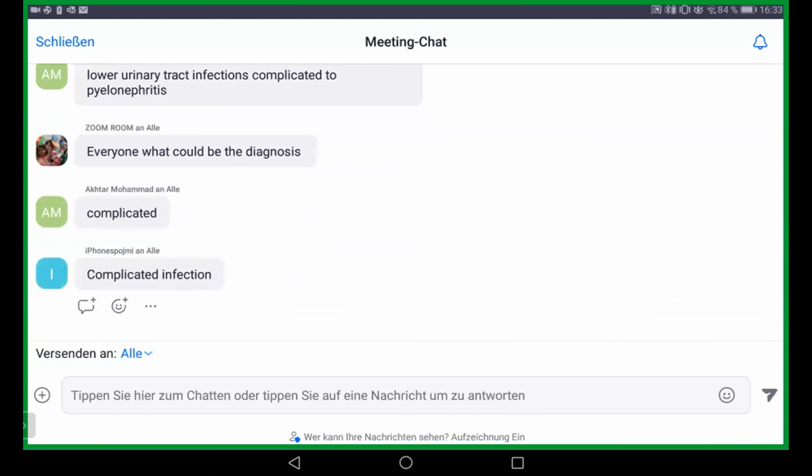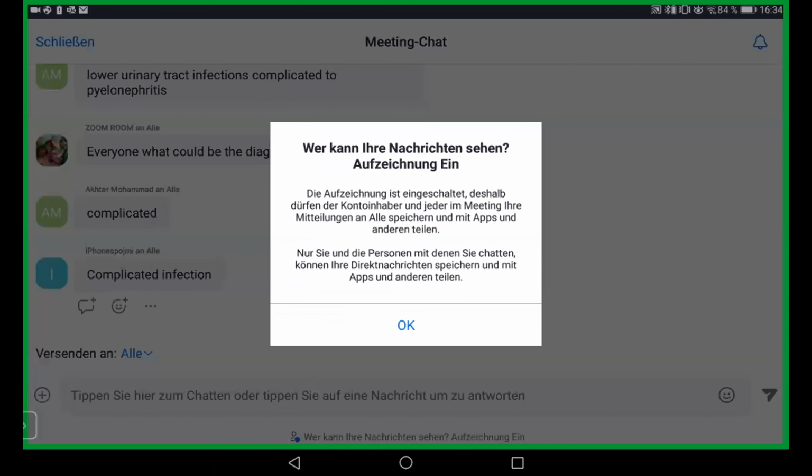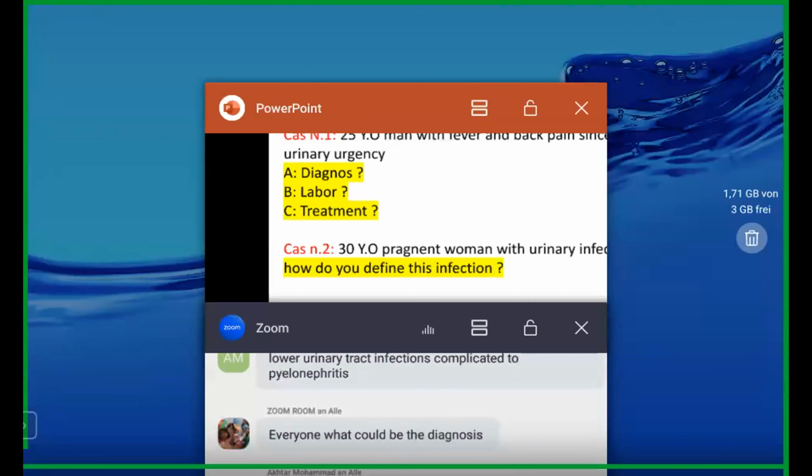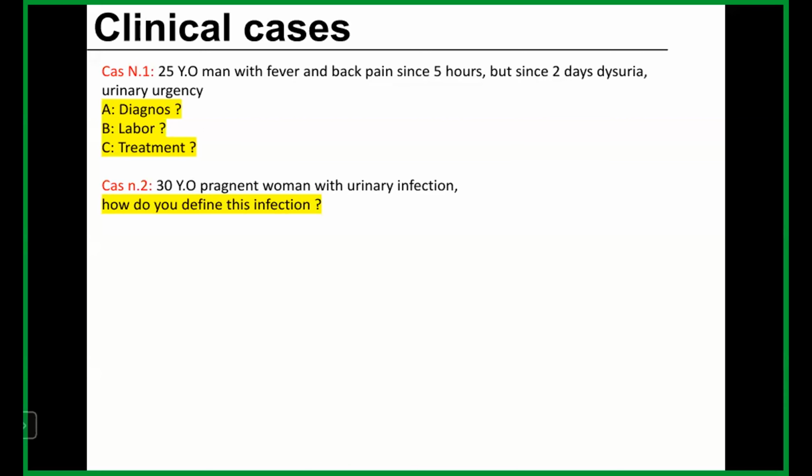Great, perfect. That's right. So this is the complicated infection and the patient is in your clinic or in your hospital.